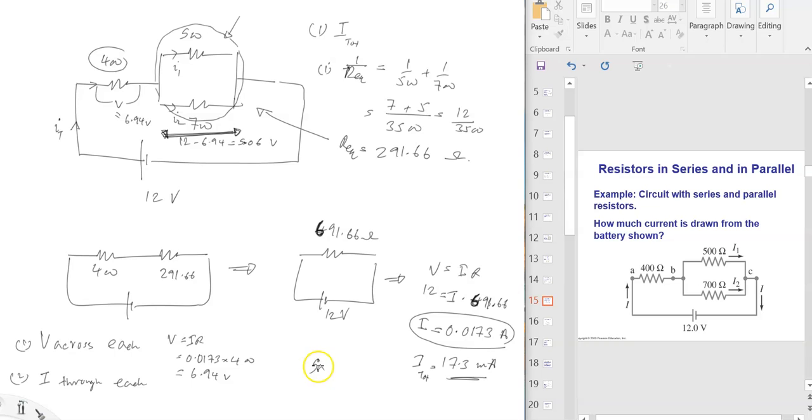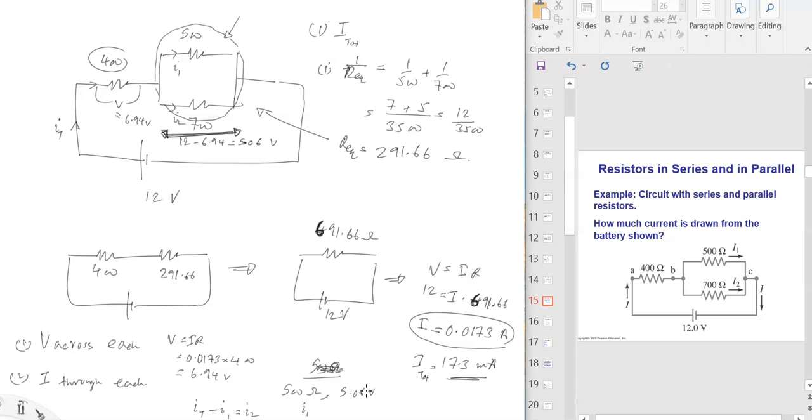For example, for the 500 ohm resistor, we know the voltage, 5.06 volts. So using V equals IR, you can find I1. Doing the same thing, you can find I2. Or if you subtract I1 from I total, that gives you I2. That's another way of finding it.